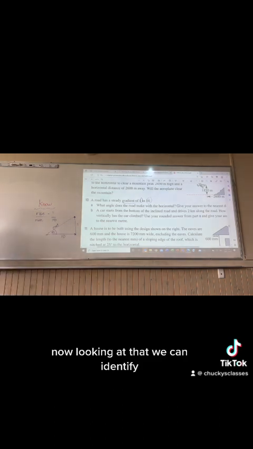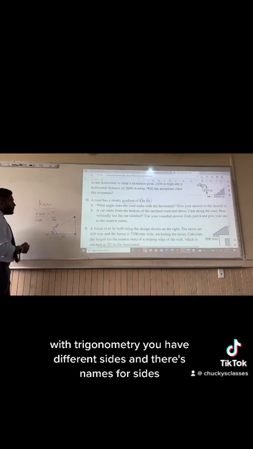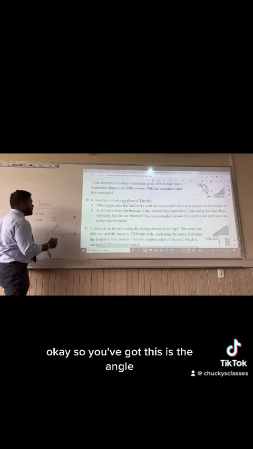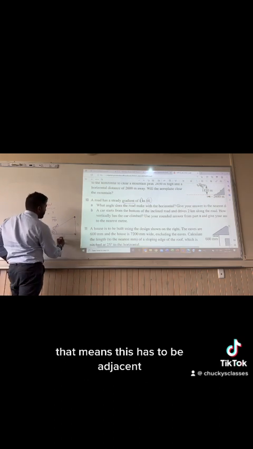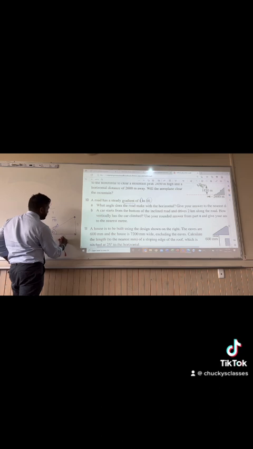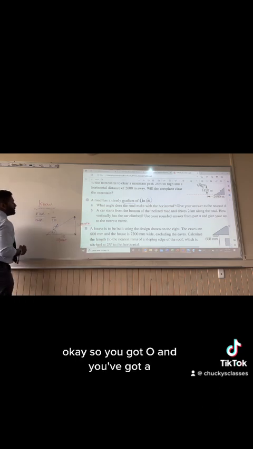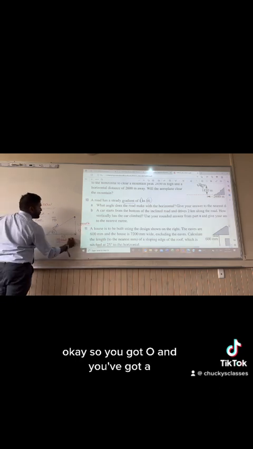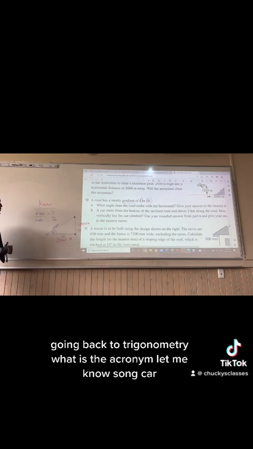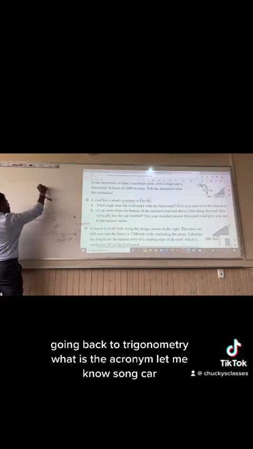Now looking at that, we can identify with trigonometry, you have different sides and there are names for the sides. This is the angle, that means this has to be the adjacent, and that's going to be known as the opposite. So you've got O and you've got A. Going back to trigonometry, what is the acronym that we know of?